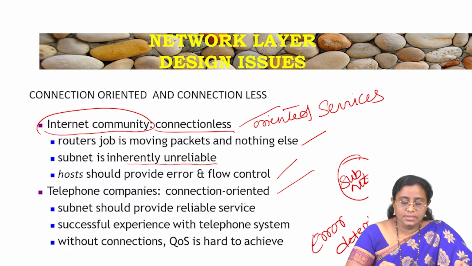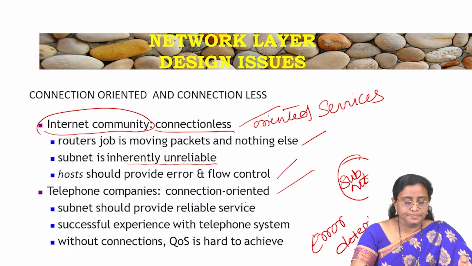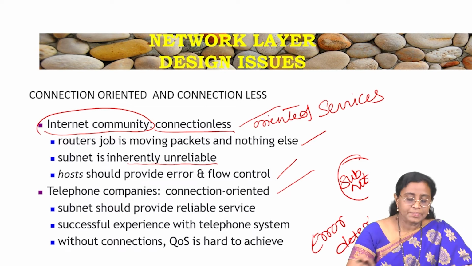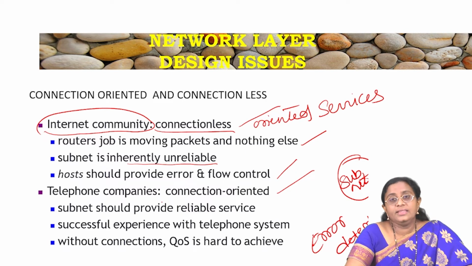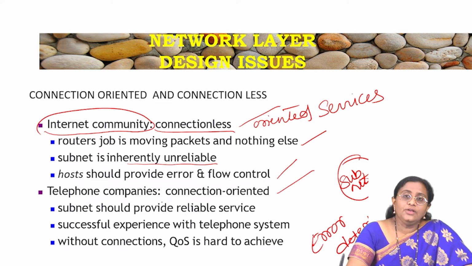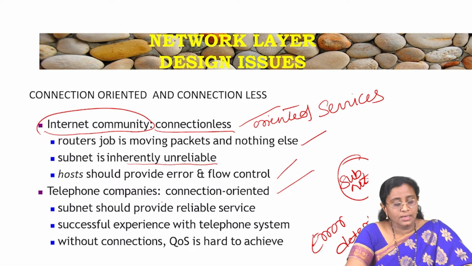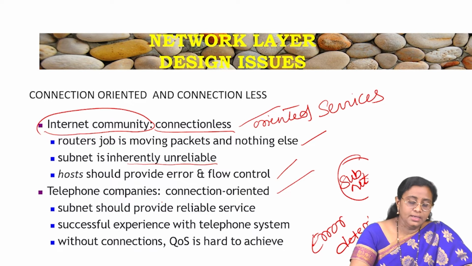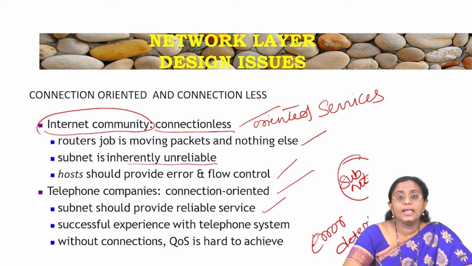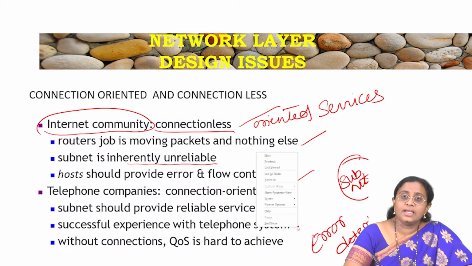Coming to connection oriented, the example is the telephone companies. In the olden days, telephone communication was one of the examples of connection oriented service. Here the subnet should provide reliable service, and there is successful experience with connection of subnets providing reliable service in telephone systems.